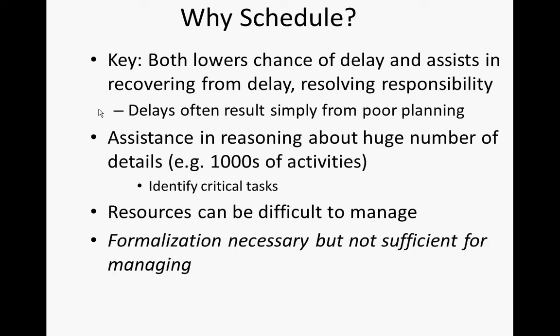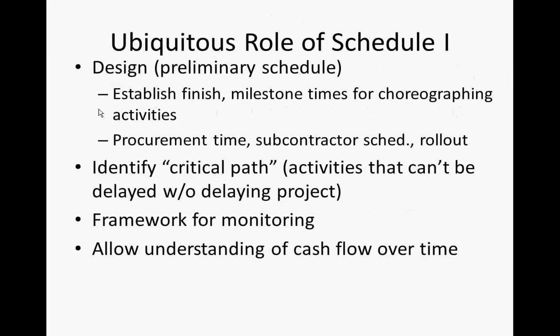And it turns out that formalization here is really necessary for effective delivery on a lot of projects. But importantly, it's not sufficient for managing. We're dealing here, ladies and gentlemen, with abstractions. We're dealing with a simplified representation of the schedule, which allows us to reason about a lot of things, but hides a lot of details. And often, those details matter.